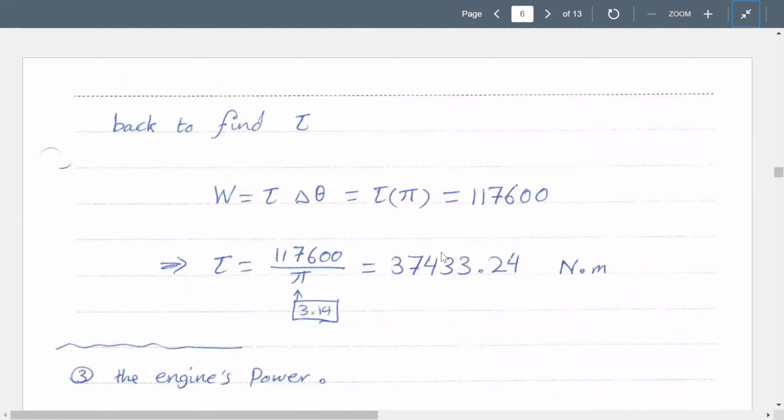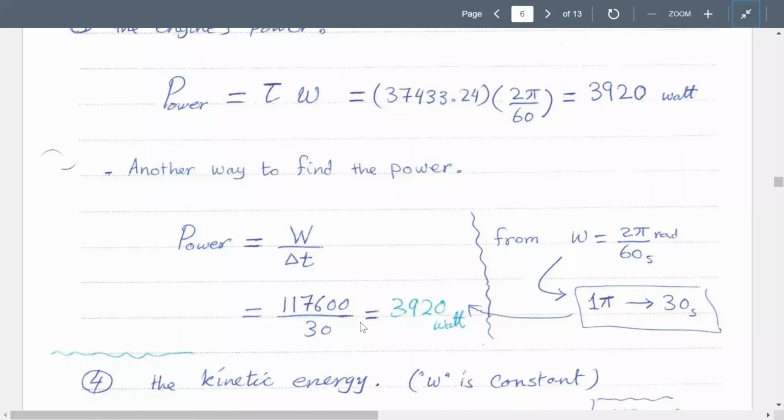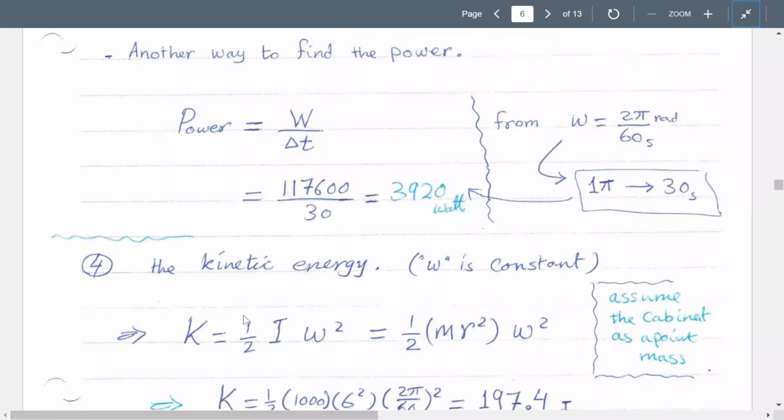So if we divide the work over half the total period, the total period is 60, half of it is 30, it's the same power as you see here. As you see from the angular velocity, we need 60 seconds for a full rotation, but we don't have 2 pi, we have 1 pi, just 1 pi. It is 30 seconds.